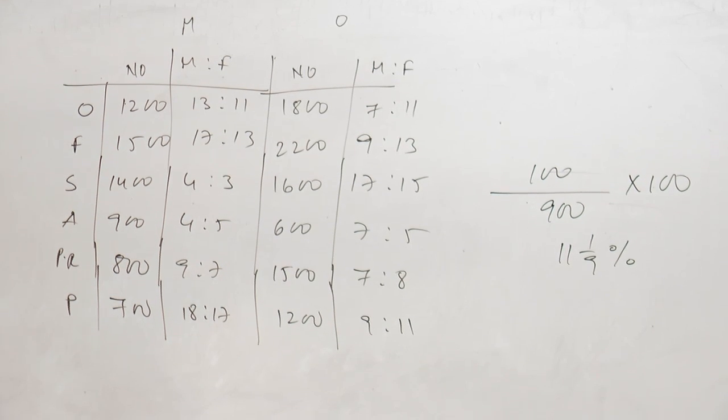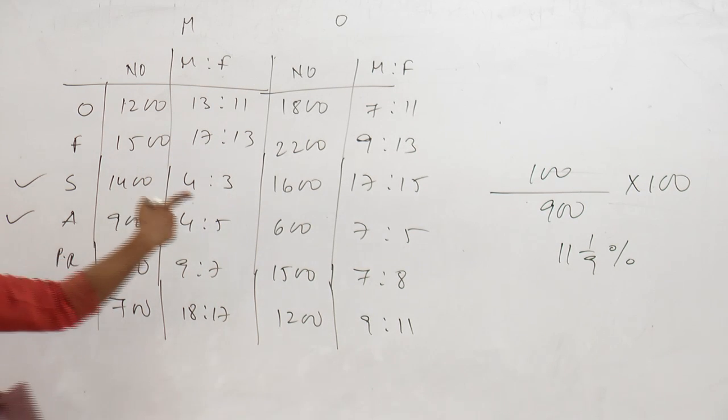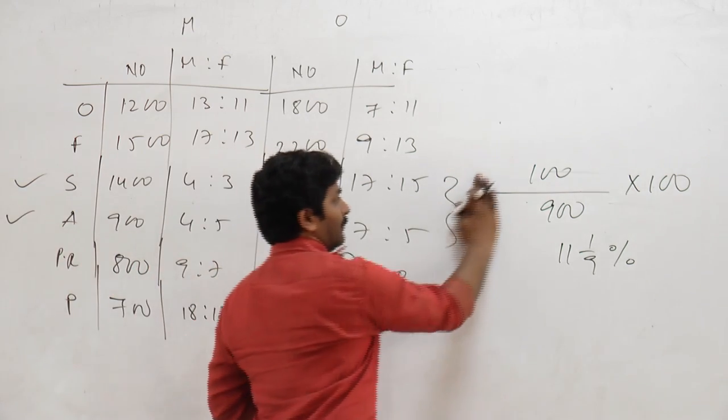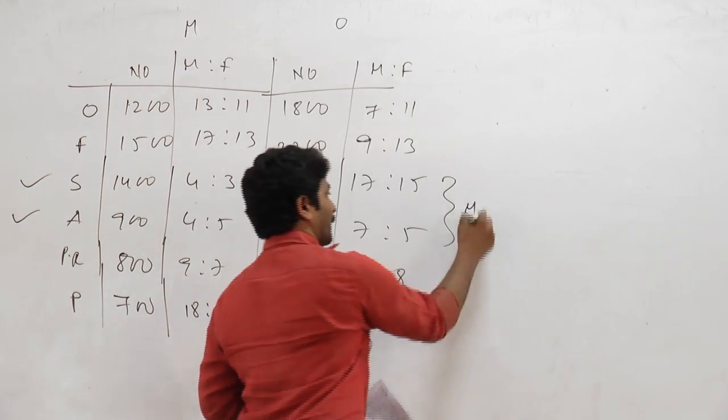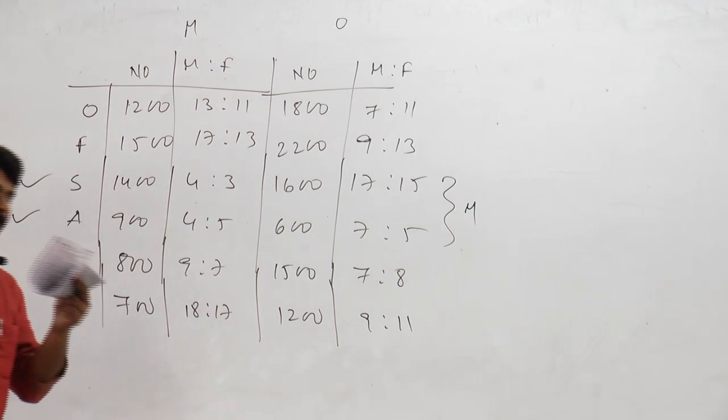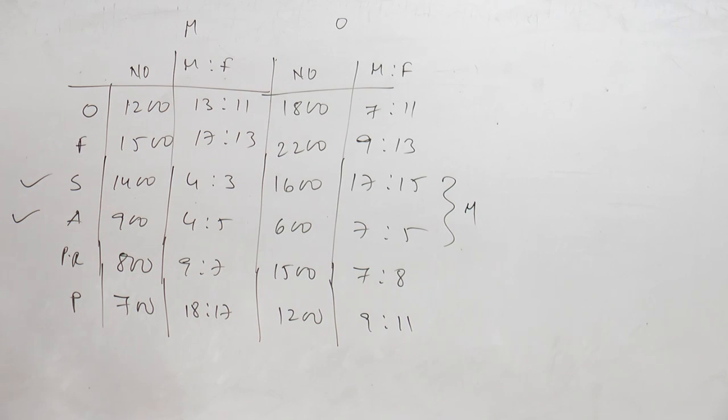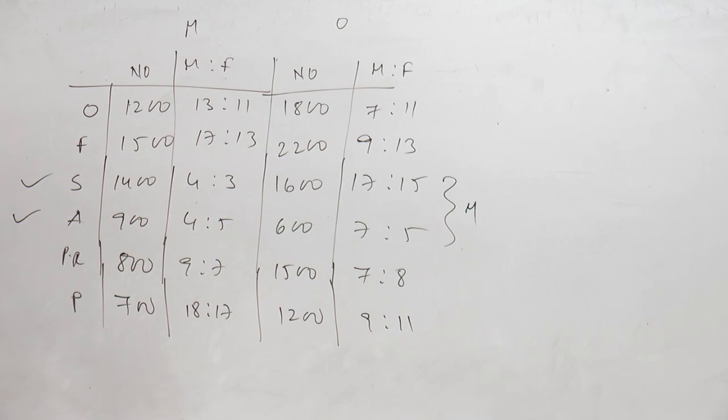55. Total number of male officers in advertising and sales departments. Male officers, this part. Male officers in these two is what percent of the total number of officers in these two departments?